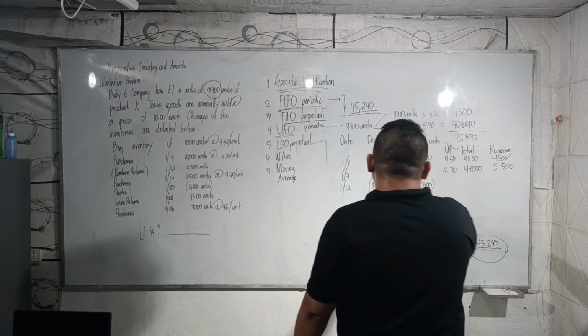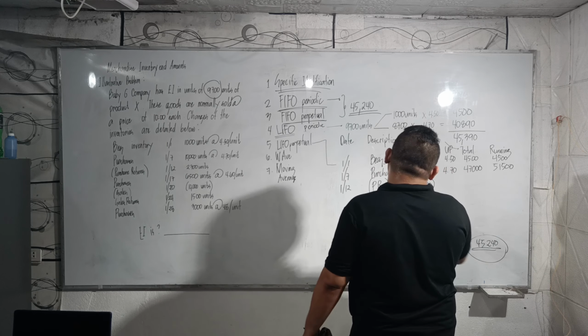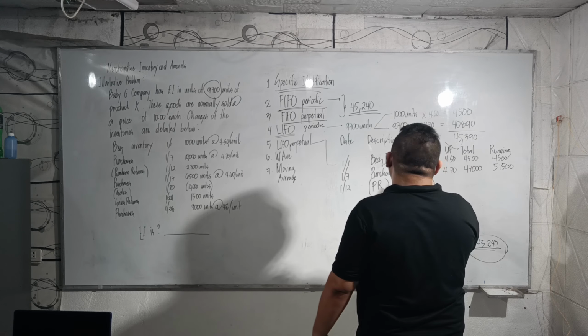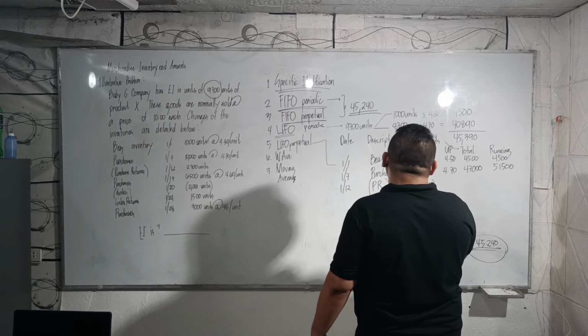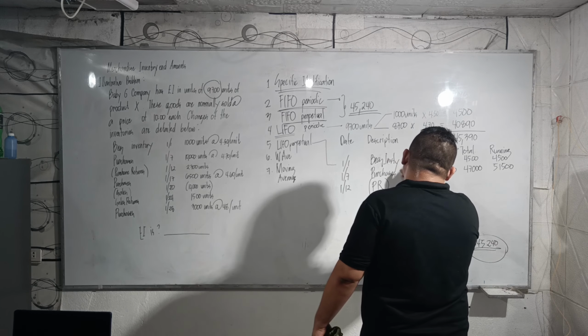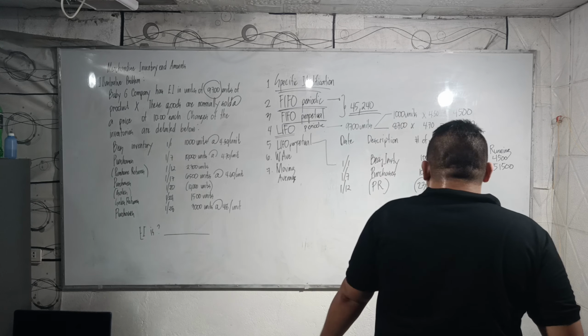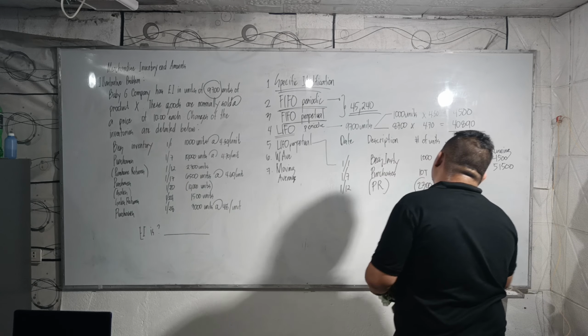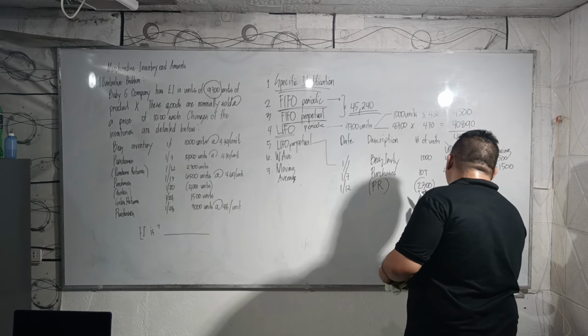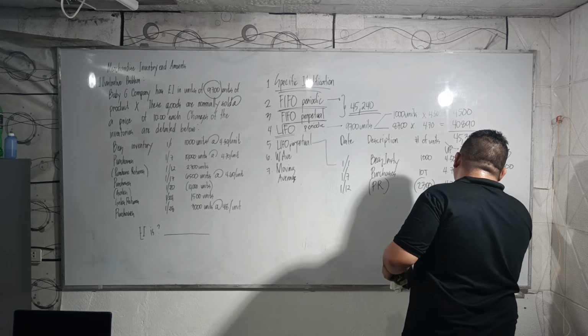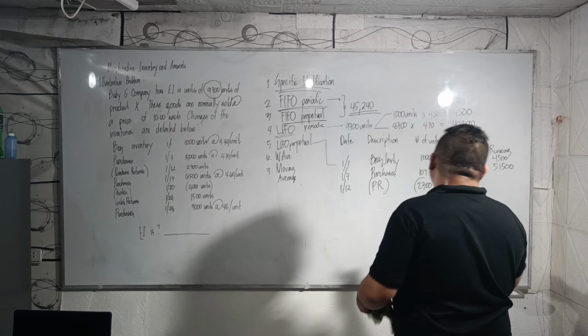These purchase returns are actually coming from the most recent purchase that we have, in which there are only two groups here. This beginning inventory has been purchased last period. This is our most recent purchase. So that means maybe this 2,300 is from this group at 4.70 per unit.